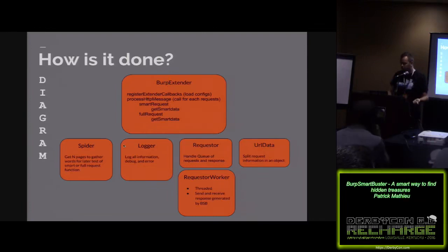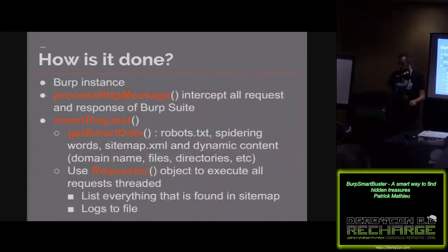I created other classes, which are the spider, the logger, and the requester, which is the multi-thread class to create all the requests on a queue. The URL data is a parser of the URL. And I have the requester worker, which is based on multi-threading. Like I said, processHttpMessage really intercepts everything.